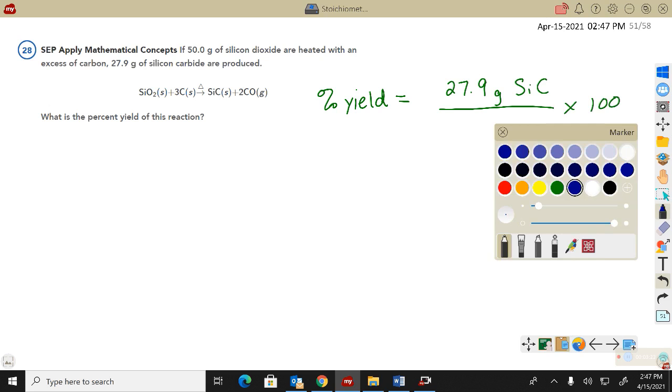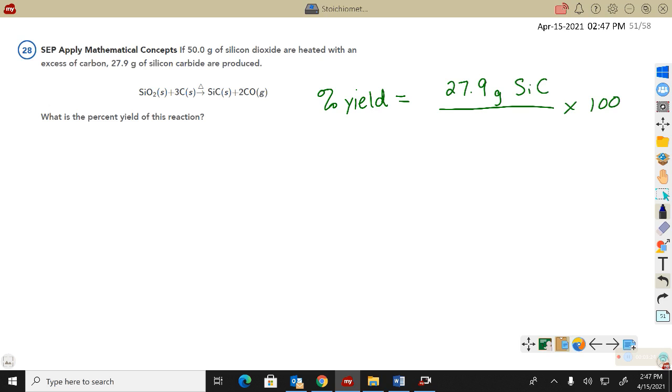So the theoretical is just going to be mass stoichiometry. I've got a certain amount of silicon dioxide, and with that amount I want to know how much product I should expect. So we start with that 50 grams of SiO2. And eventually I see that it's a 1-to-1 ratio in the balanced equation, which I like, but that is not a ratio of grams.